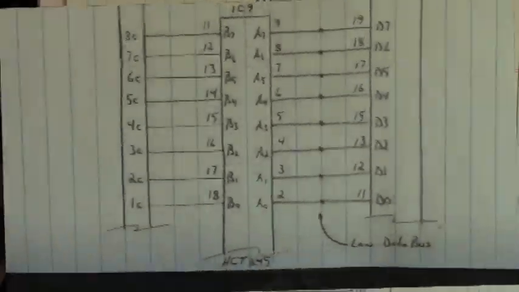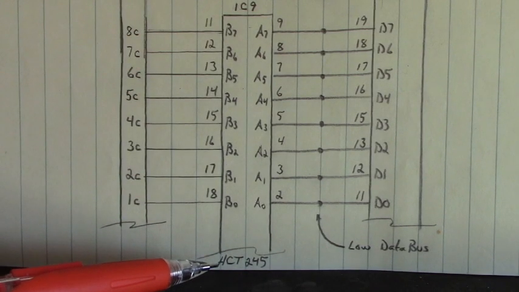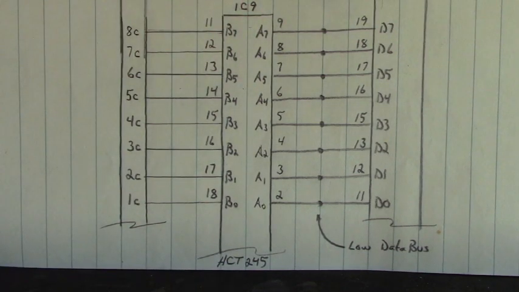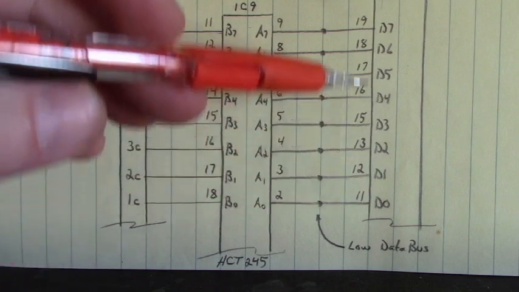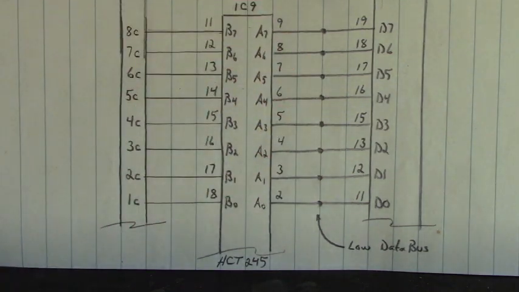Here's the data bus. We have a 74HCT245. Now it's bi-directional, and I'll show you the control pins on that IC that determine the direction here in a little bit. But you can pull up a data sheet and see how it works. It's a fascinating IC to study. Data bit 0 to data bit 7, there's 8 data bits on that E square prom.